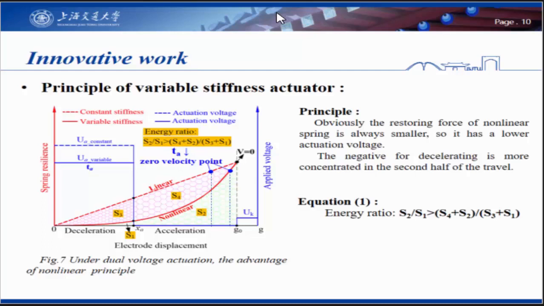This characteristic can be interpreted by an energy ratio expression shown in equation 1.